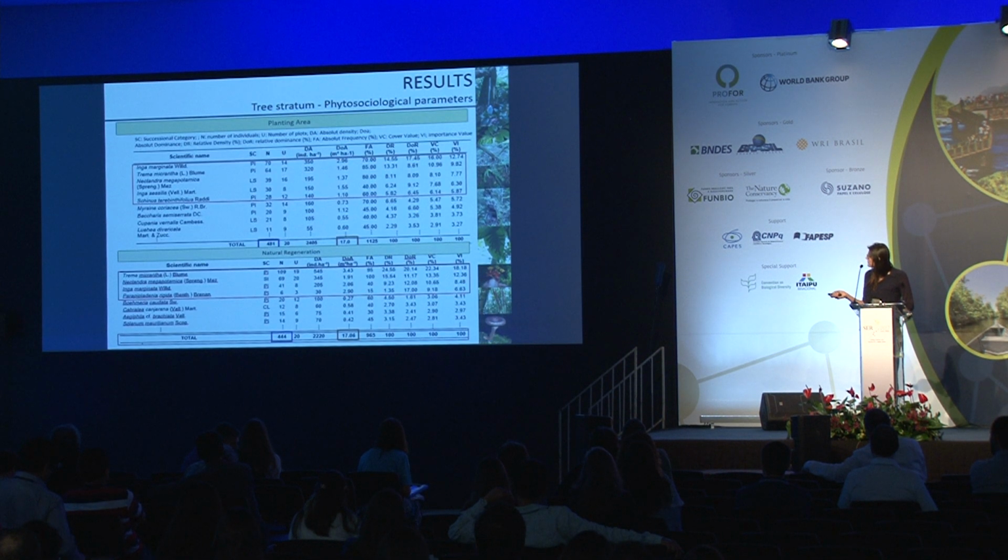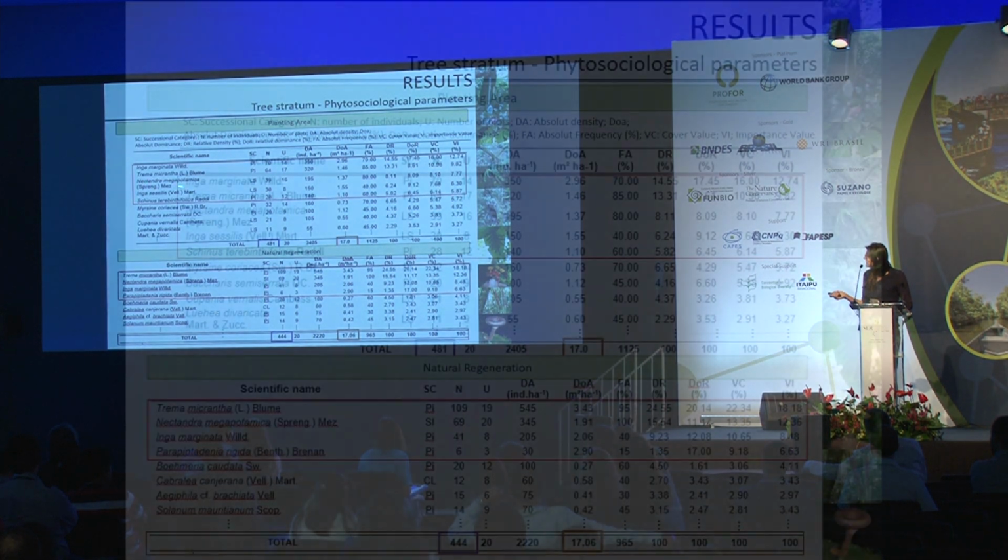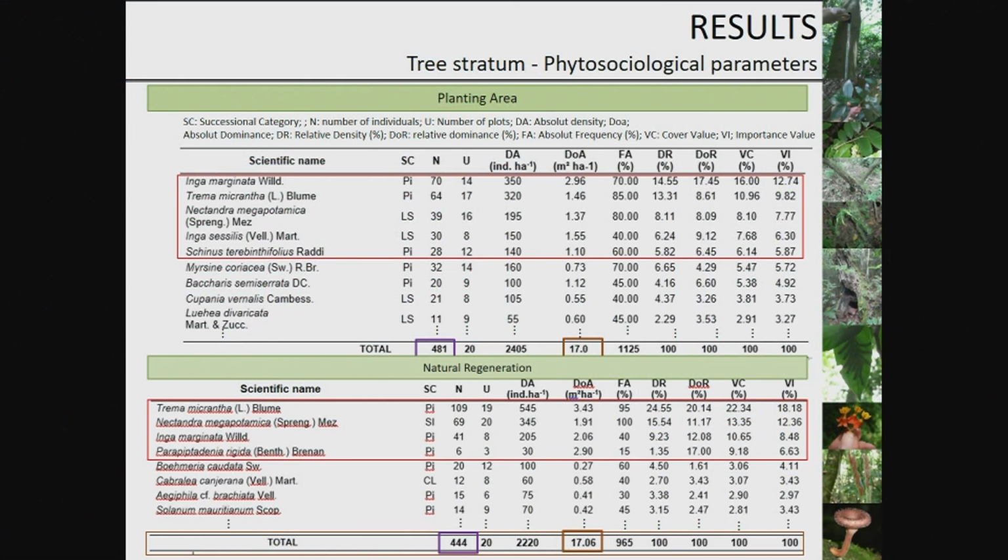And these are the main species that are almost the same in both areas. The difference was only in the order in which they are arranged by importance value. And the density was not influenced by the site.